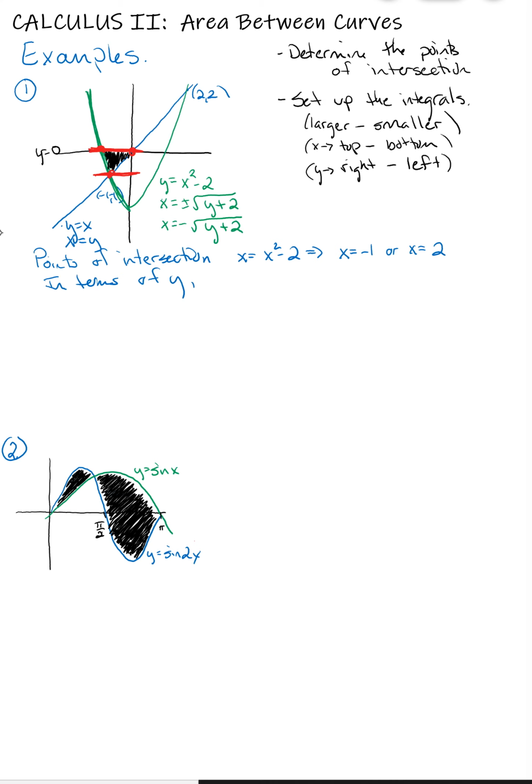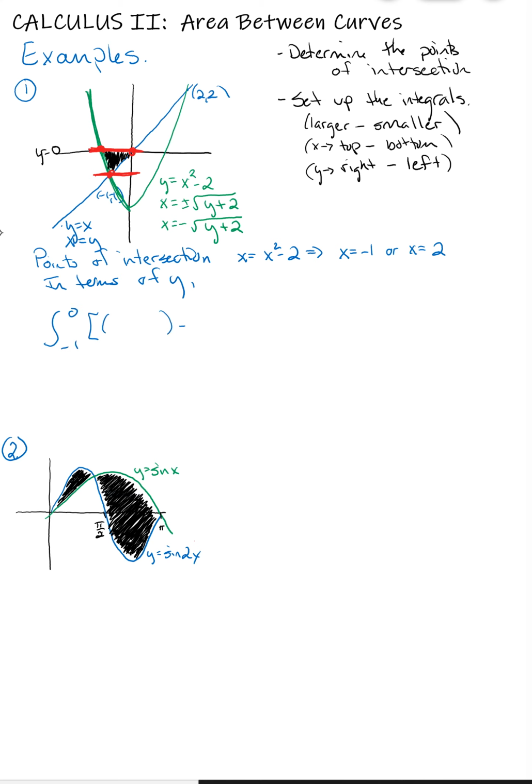What about the other point? Well, the other one was 0. So we know we're going to be integrating in terms of the y values, and you always go from the smallest y value to the largest y value. So I'm integrating from -1 to 0. The next thing we need to do is come up with the larger value minus the smaller value.